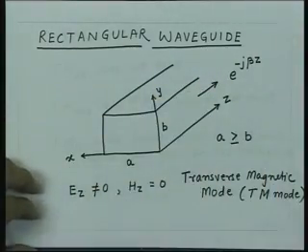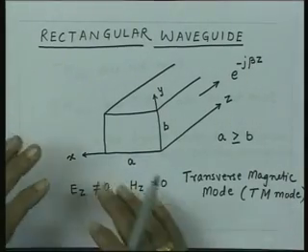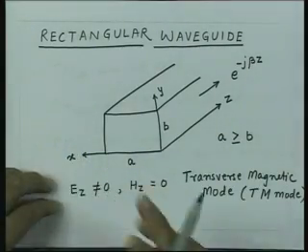So, the field in the transverse direction always varies sinusoidally in the Cartesian coordinate system, and they must vary, because if they do not vary in any of the directions, then the field cannot exist inside the structure for the transverse magnetic case.